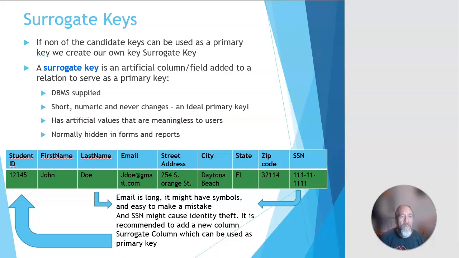Now, in this case, it's a surrogate key. What we really mean is that the database makes this up. It's usually numeric and completely artificial. There's nothing special about this specific number for student ID. The database assigns it, and the database makes sure that it's unique.